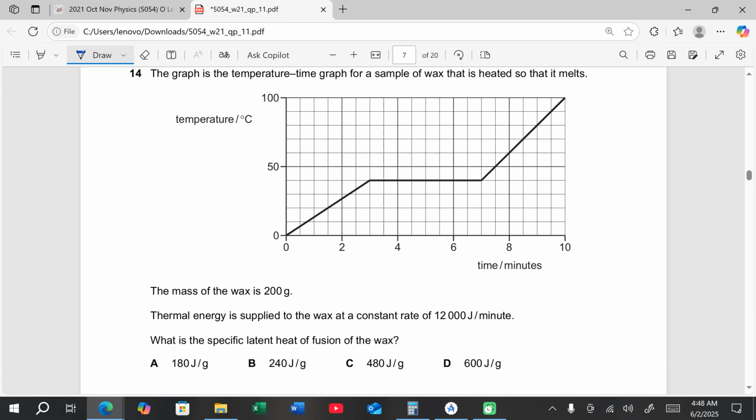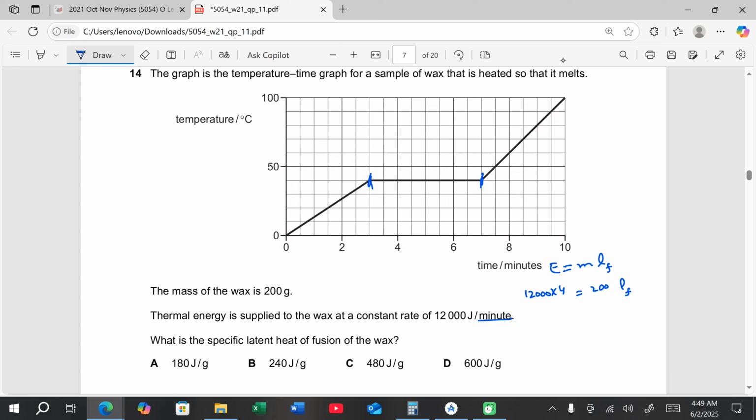Wax has a mass of 200 grams. Thermal energy is supplied to the wax at a constant rate of this per minute. What is the specific latent heat of fusion? So E is equal to m L_f. E is 12,000 per minute. How many minutes are there? It started from 3, it ended at 7, so it's 4 minutes. So 12,000 times 4 is going to be your energy, and mass is 200, and L_f we need to find out.